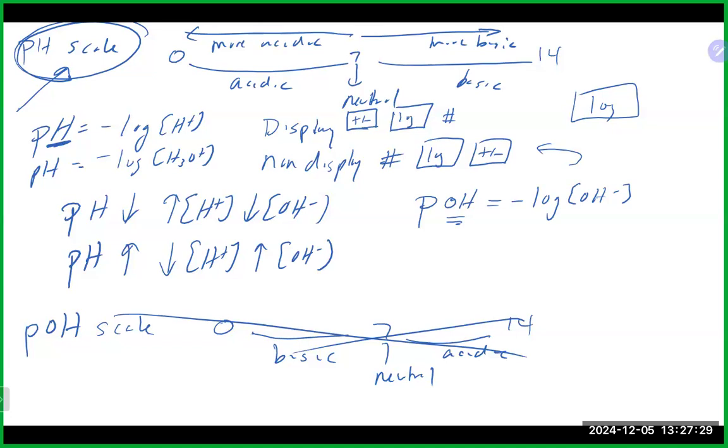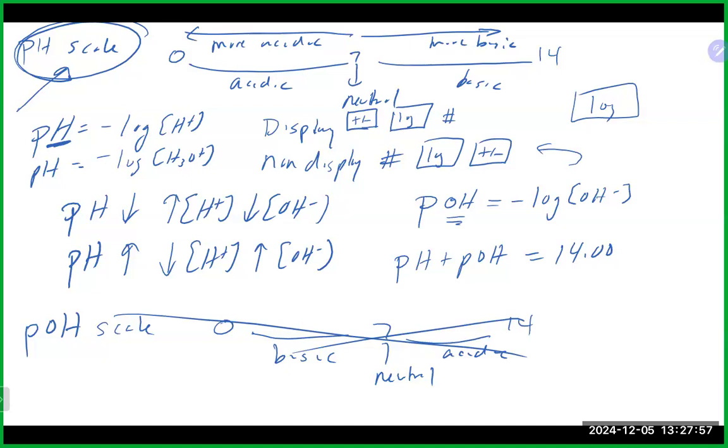Why would we want the pOH other than calculating the pOH? There is a nice relationship: you could take the pH plus the pOH, and that does equal 14. That gives you some options in terms of how you might want to calculate something. If you have, for example, the hydroxide concentration and you want the pH, you can get the pOH and then take 14 minus it to get the pH.